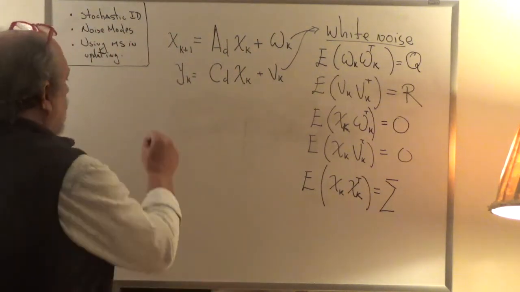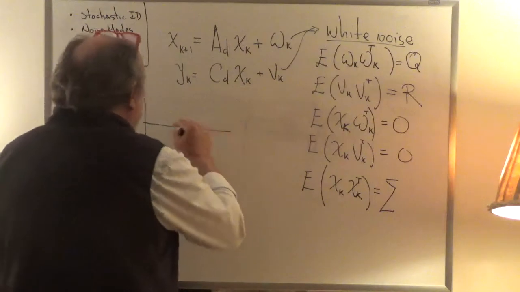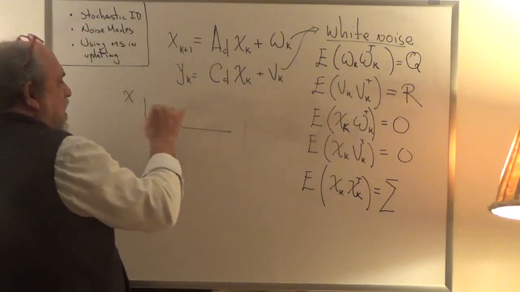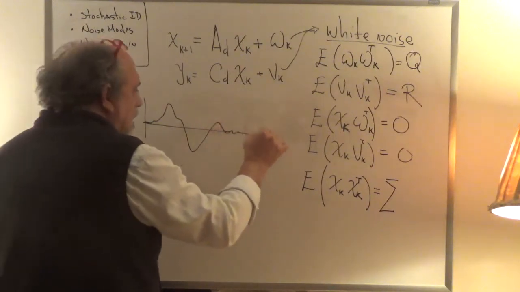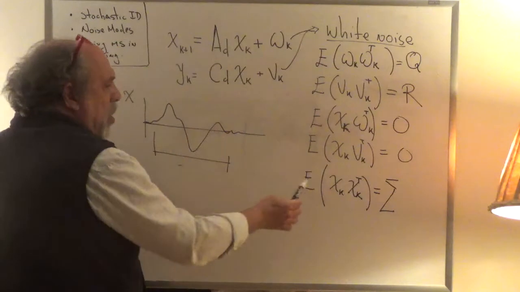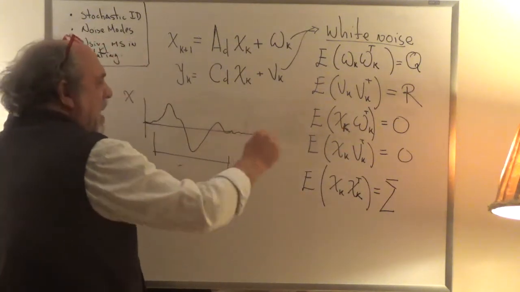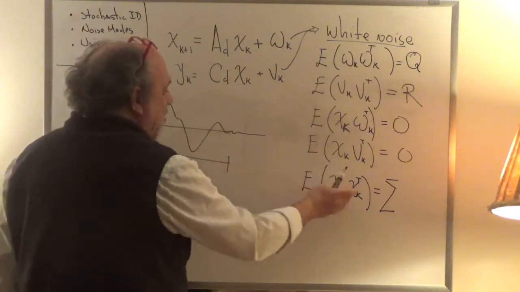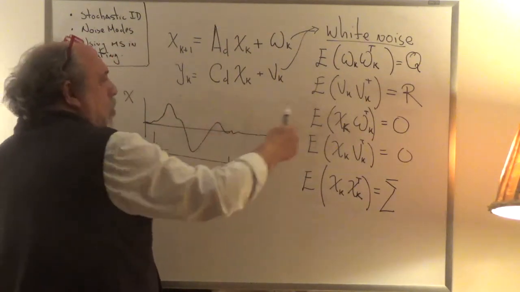So if the state was like this, that means it only lasted from here to here, then obviously that's not true because the state here is 0, right? So the state average depends on whether I take it to here or all the way to there and so on.